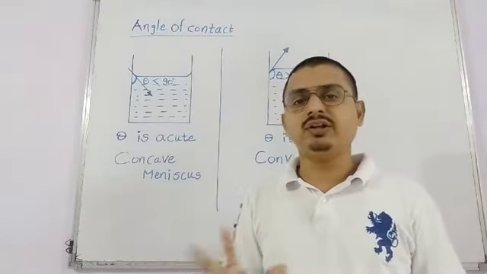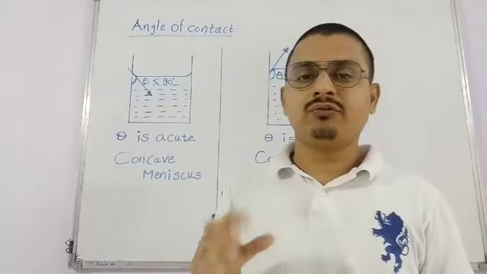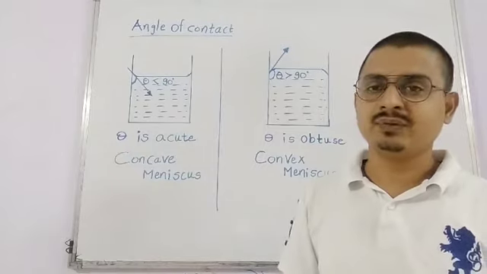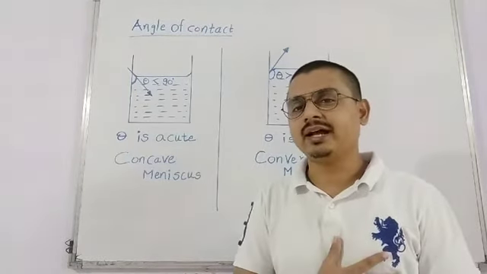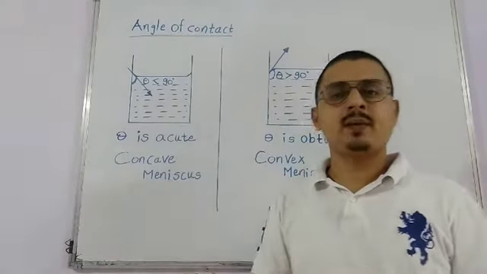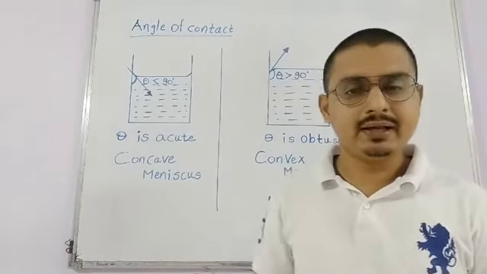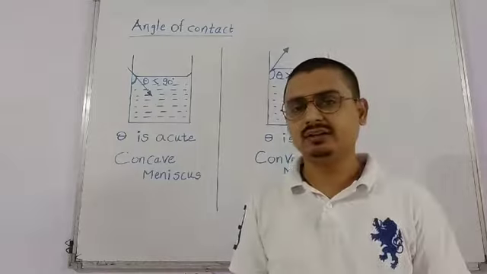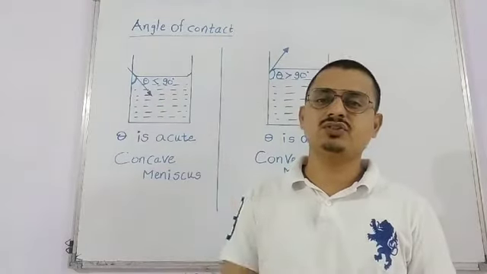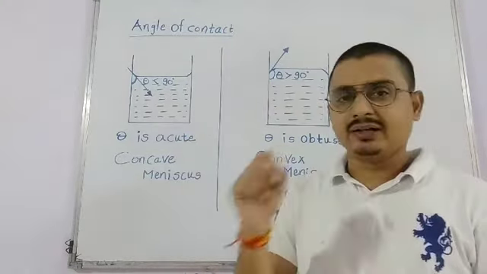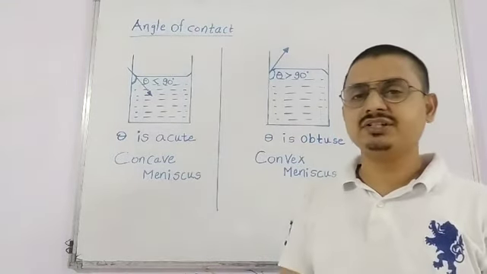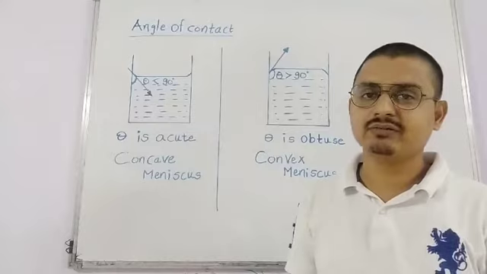So what is angle of contact? First we define what angle of contact is, and then we start the explanation. The angle of contact is defined as the angle made by the tangent drawn to the free surface of liquid to the surface of solid at a point of contact between solid and liquid, which is measured inside the liquid.